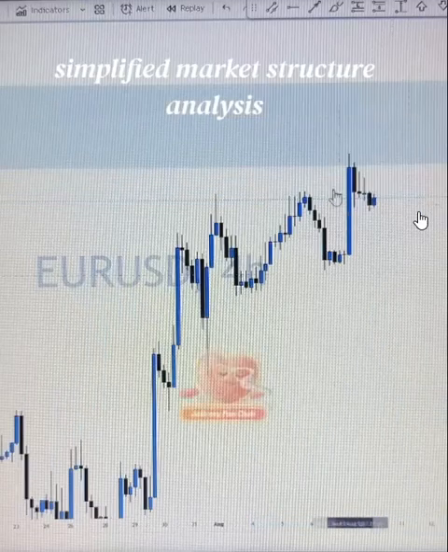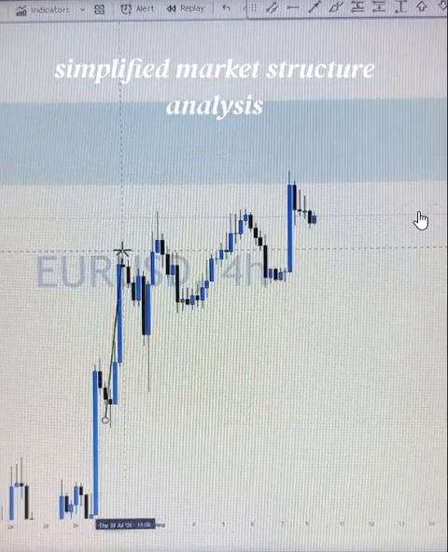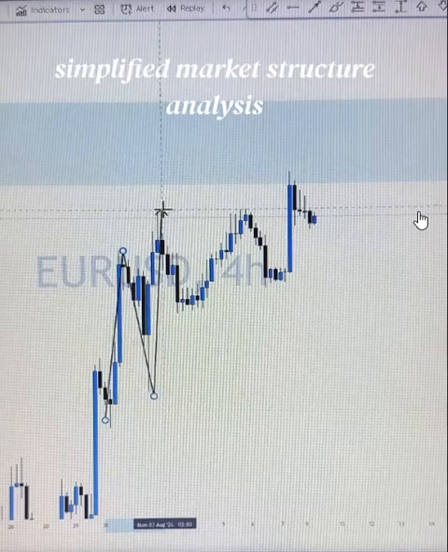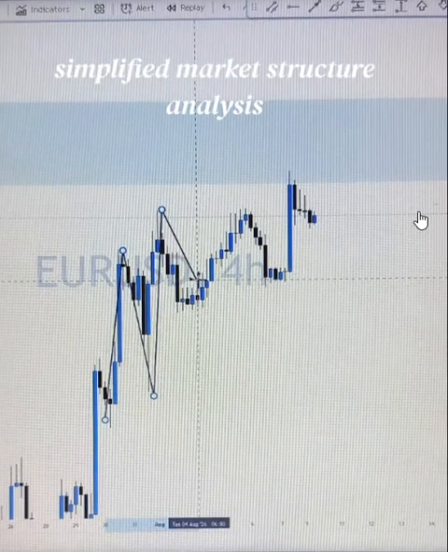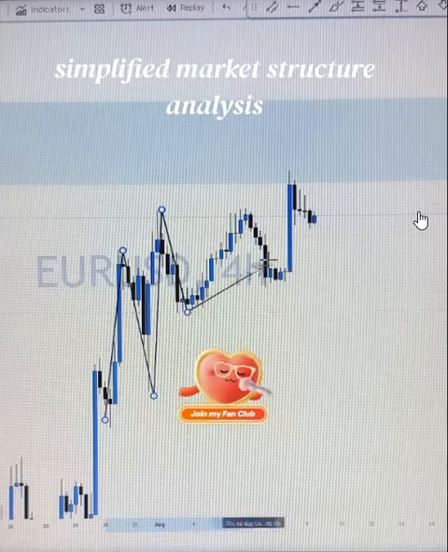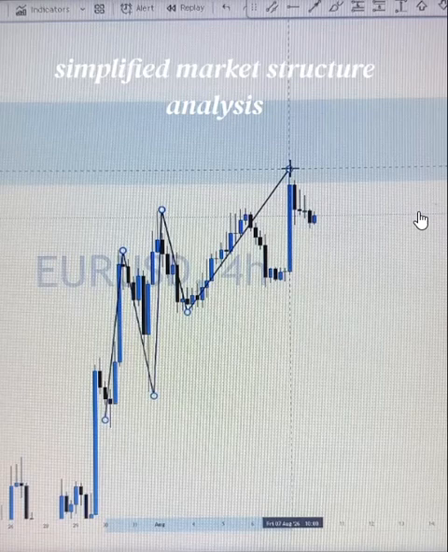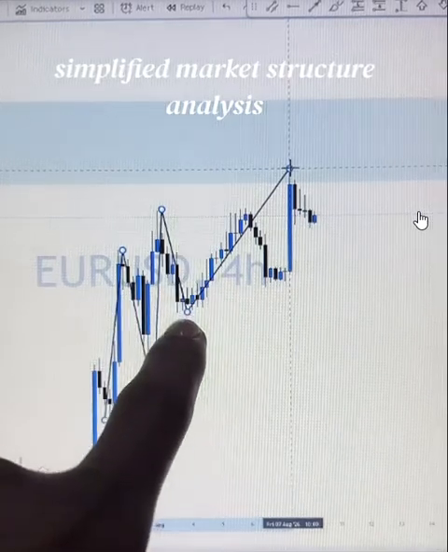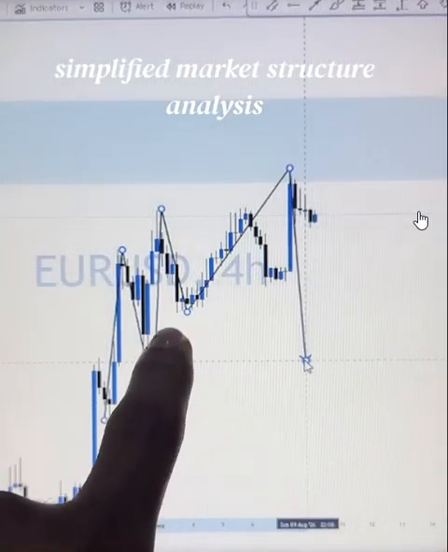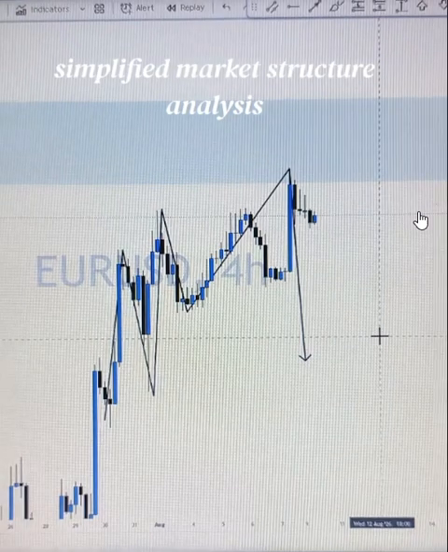If daily is bearish, we need 4 hours also to be bearish, as price has tapped that key level. Are you seeing it? This is how you get a high probability setup.